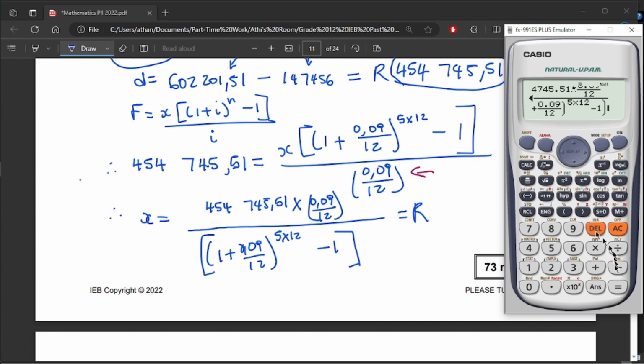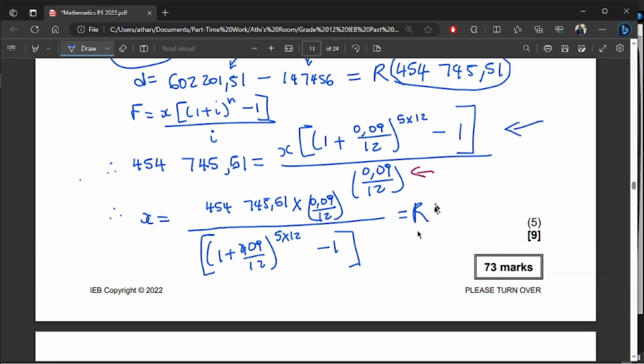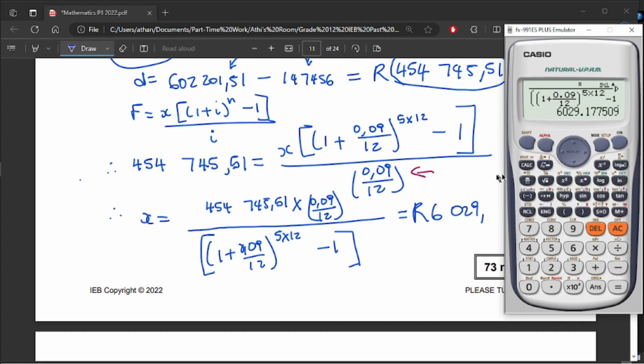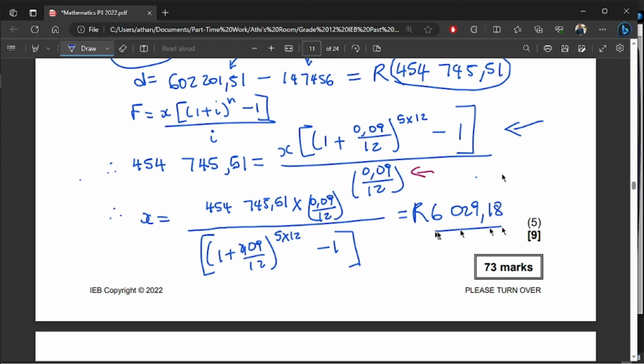Should have replaced that with 60. And then that's the amount we would have to put in the bank per month, to be able to finance our sinking fund. So it's 6029,18. You get your 5 marks.